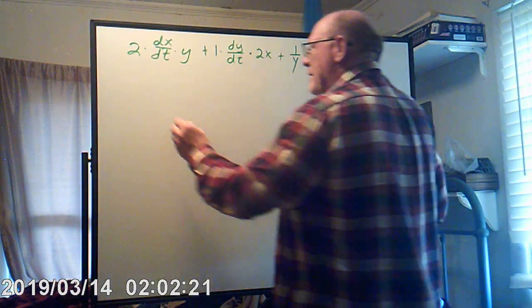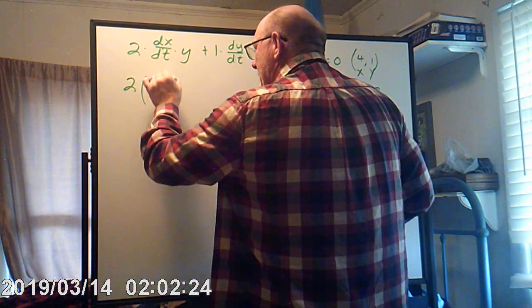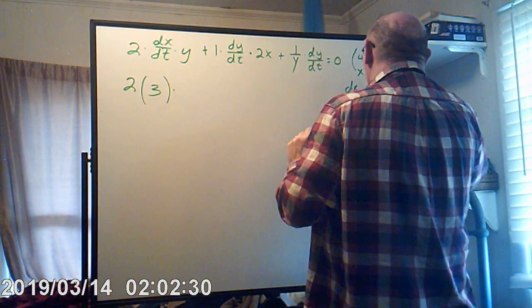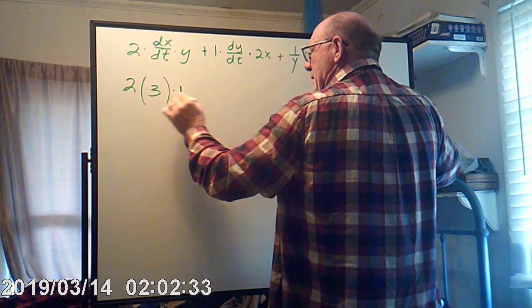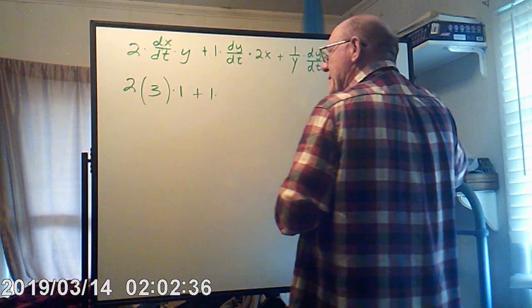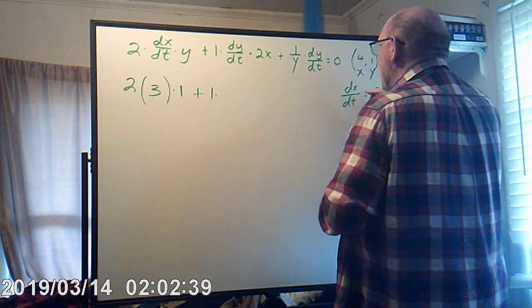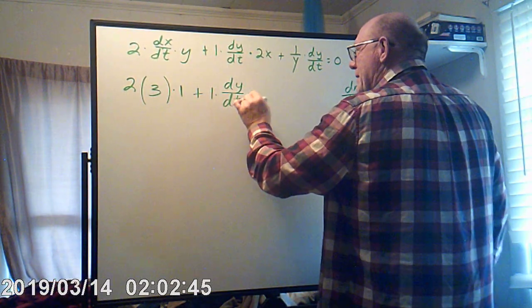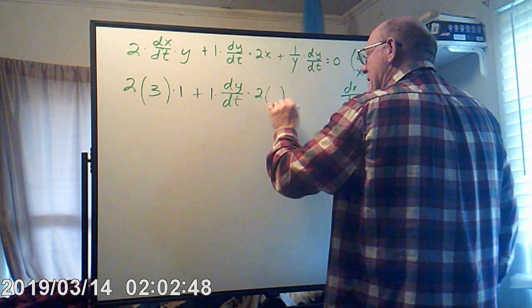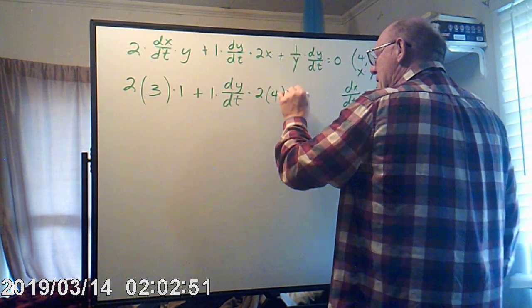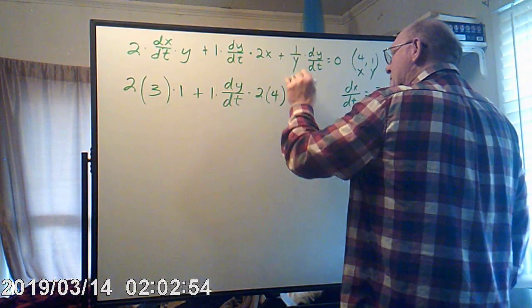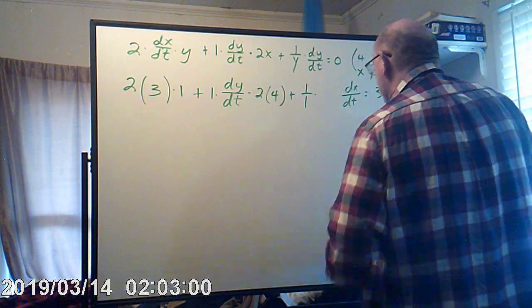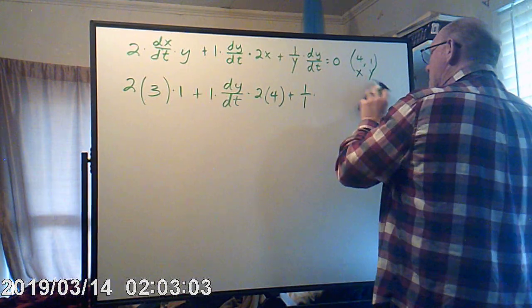Just plug those in there. 2 times dx over dt, which is 3, times y, which is 1, plus 1 times dy over dt, which we don't know because that's what we're looking for, times 2 times x, and x is 4, plus 1 over y, which is 1, times dy over dt.